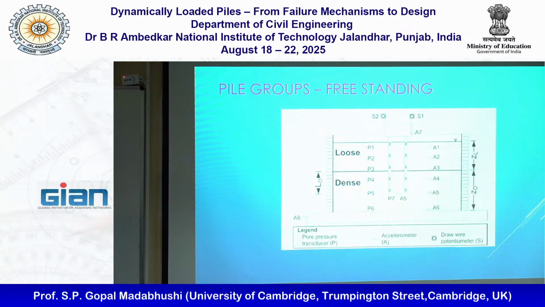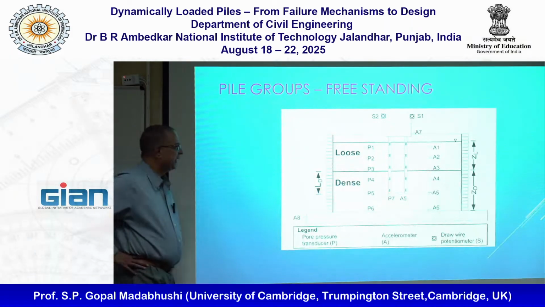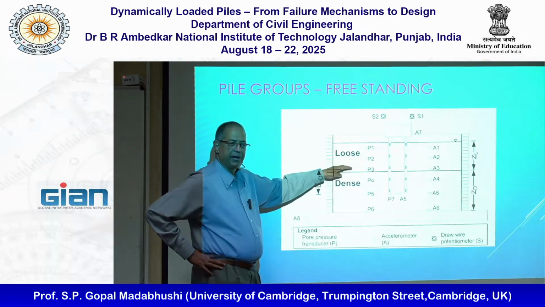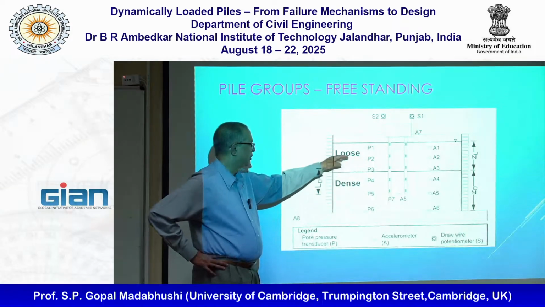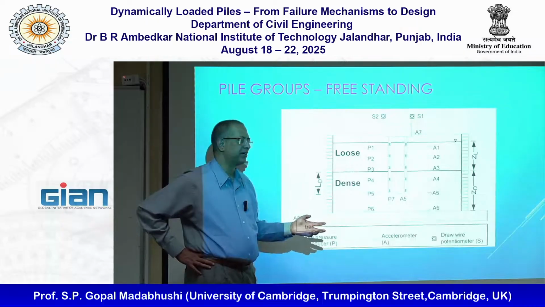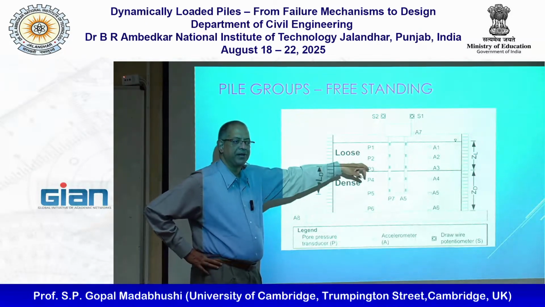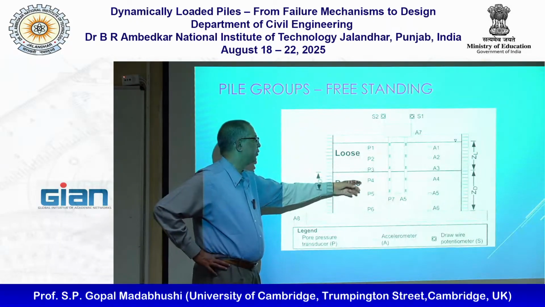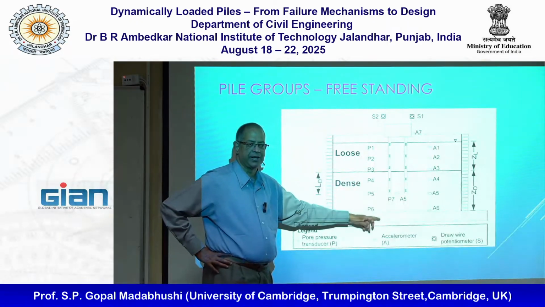So the first set of experiments he did is he inserted, so our soil profile is loose sand and dense sand, loose sand overlying dense sand. And this is very realistic because you'll never design these piles to end up in just the loose sand. That is asking for trouble, right? You will always embed them to a certain depth.